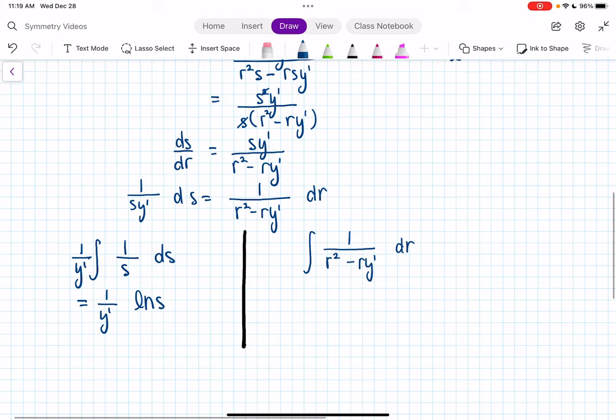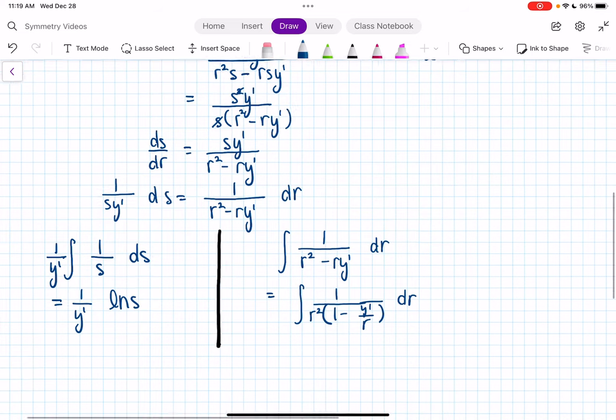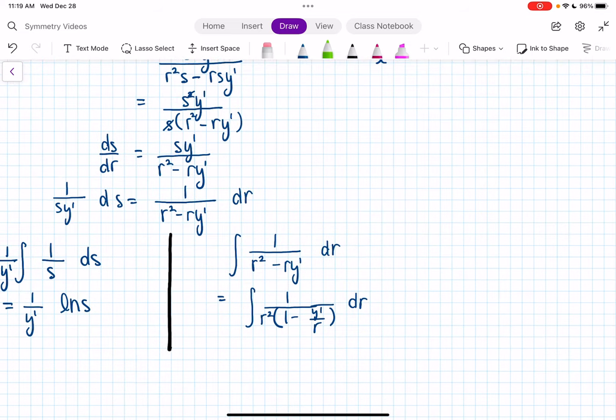So what I'm going to do first, and now we are again going to dig into our high school and first year calculus integration techniques.